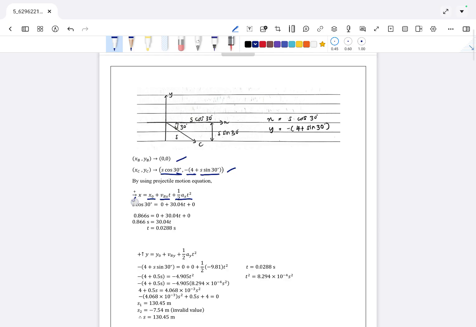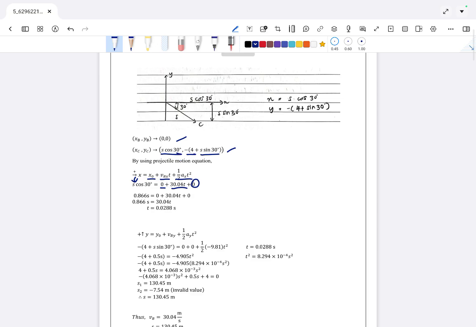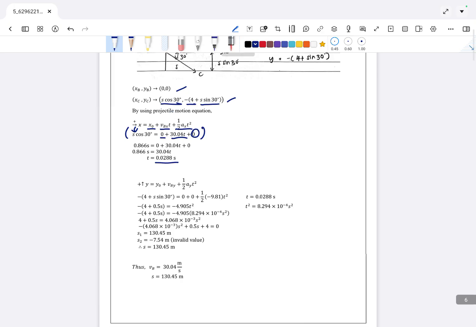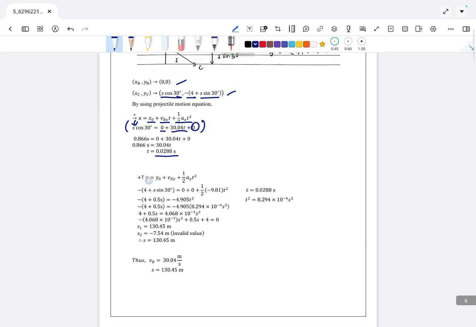So x will be s cos 30 equals x naught, which is 0, plus vbx t, which is 30.04t, and 1/2 ax t² will be 0 because there's no acceleration in the horizontal. So after we write down this equation, we can find the t value, which is 0.0288s.